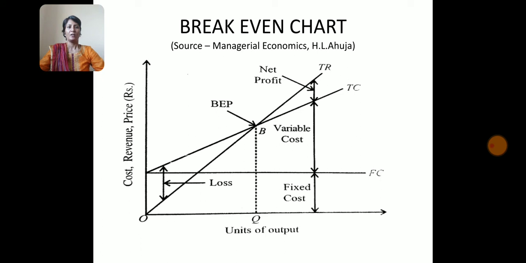In the figure, B is the break-even point at OQ level of output. Above this point, the firm will start earning profit, and below this point, the firm will start incurring losses.